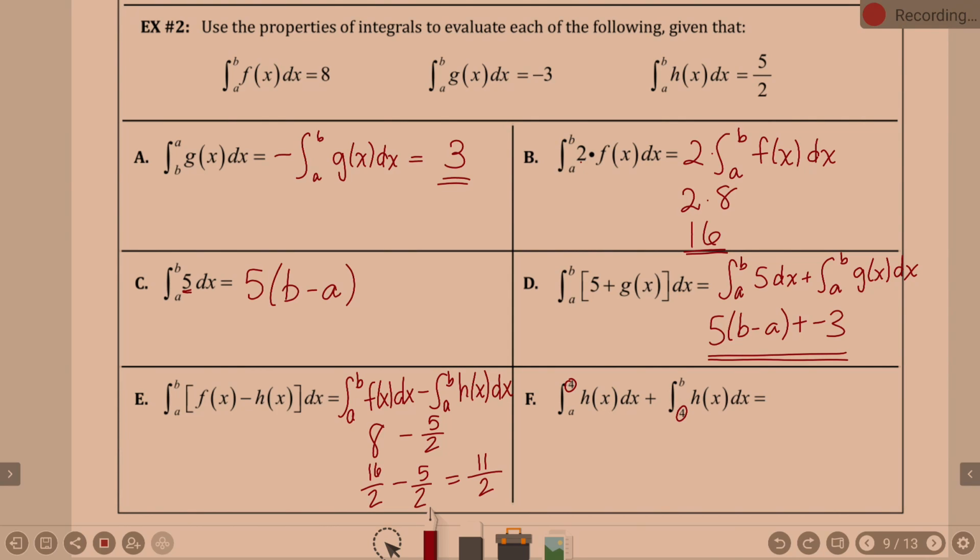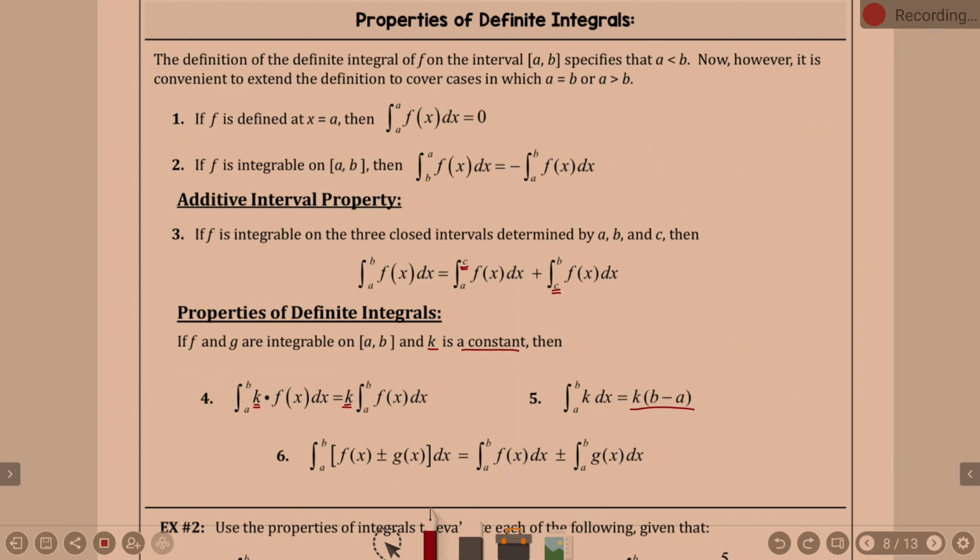This is our property here: because the upper limit here and the lower limit here match, we can take these two integrals that are being added and write them as one integral because this 4 matches. They're both h's, so overall it's the integral from a to b of h of x dx. 4 is our c value.